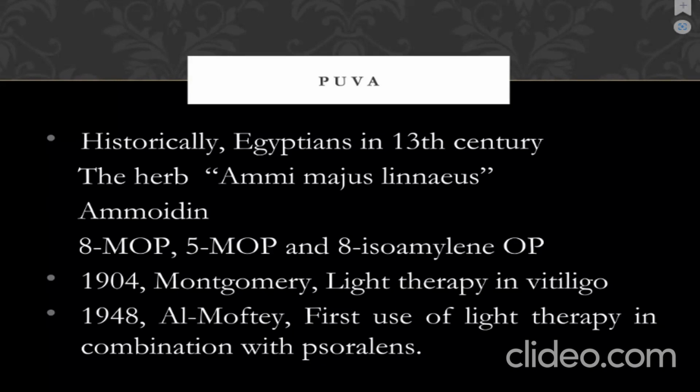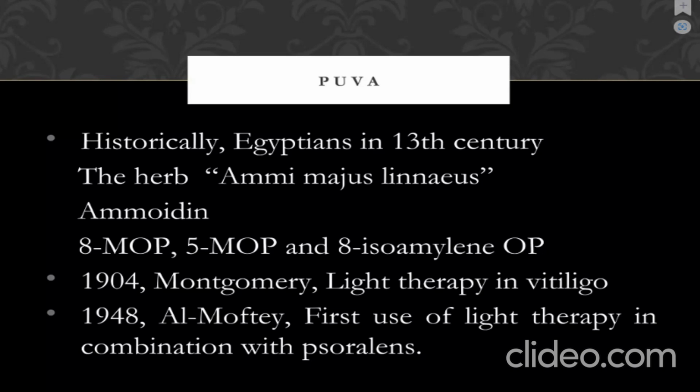The herb they used was Ammi majus Linnaeus, or ammoidin, 8-MOP, 5-MOP and 8-isoamylenoxypsoralen. These are the names of drugs. In 1904, Montgomery used light therapy in vitiligo.